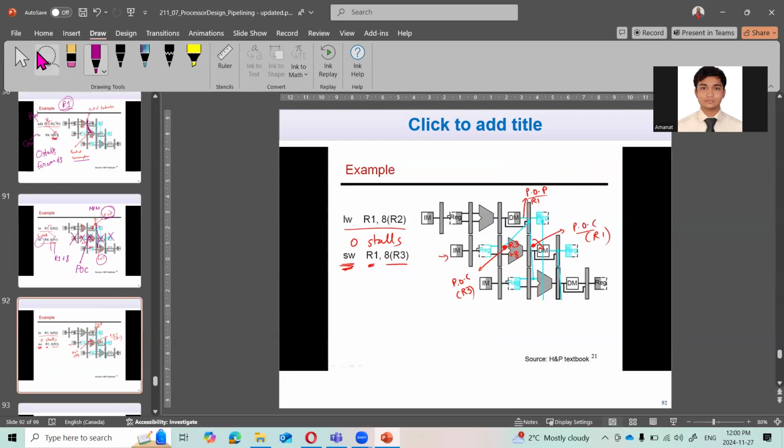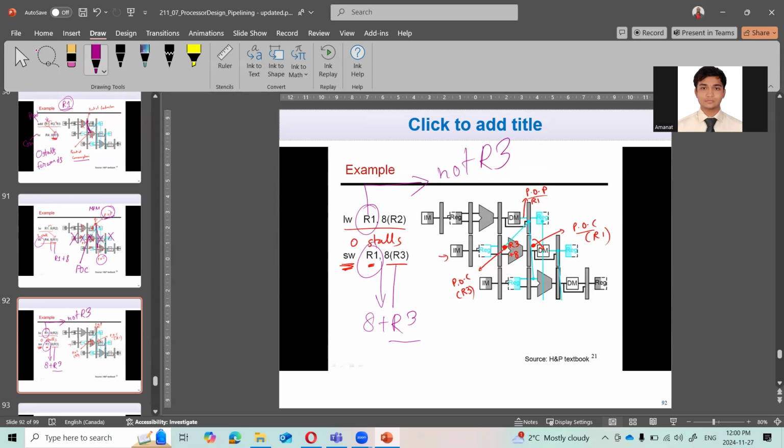This example, we are loading the value R1, right? But we are not using it in the ALU calculation. So if this was R3, then we needed one stall. But this is not R3. So we don't need the stall, because we only need to know where to store it in this stage.